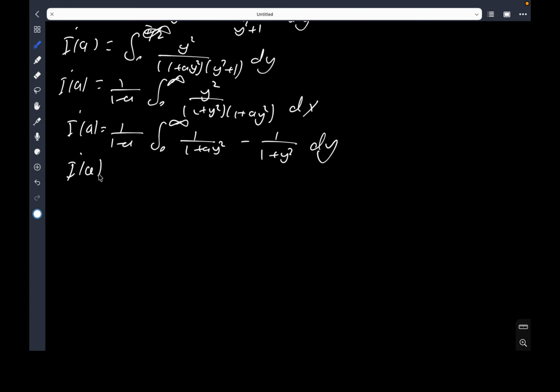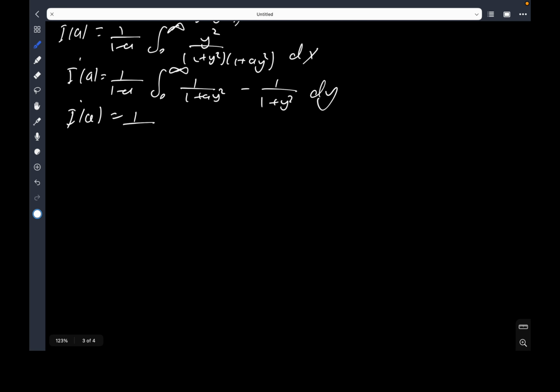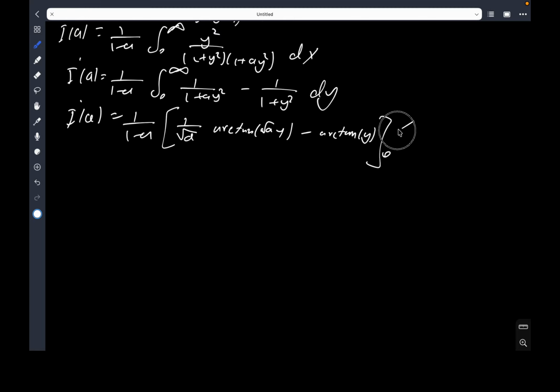So my I prime of a is going to be 1 over root a arctan of root a y minus arctan of y, from 0 to infinity.